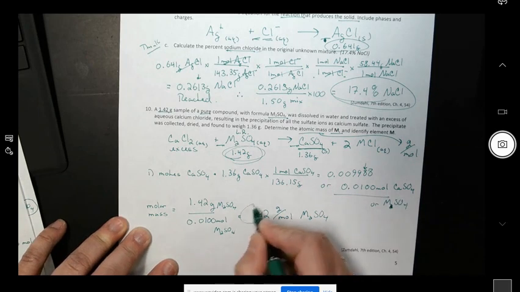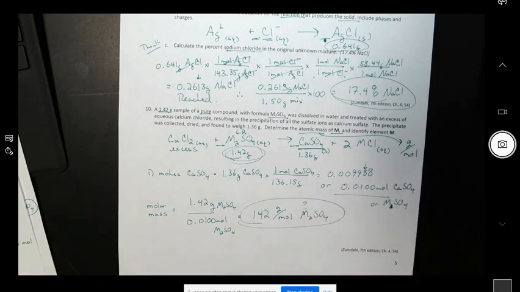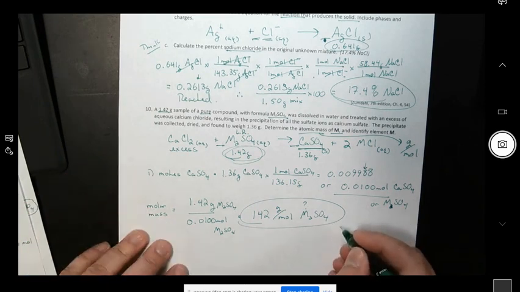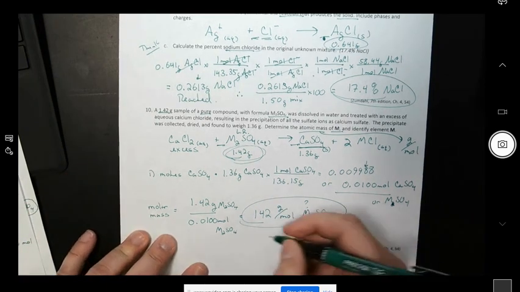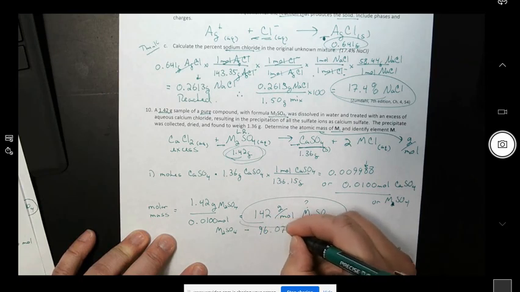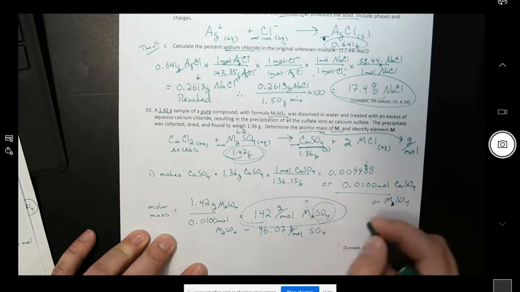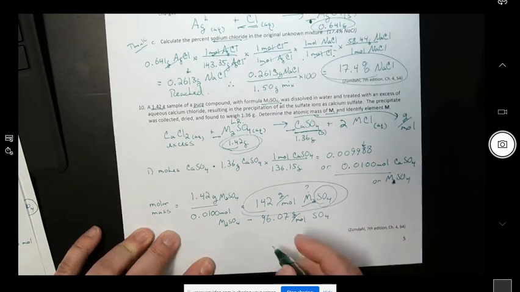Now, the other thing that we have to do is we have to figure out what that mystery metal is. Well, sulfate has a molar mass of 96.07 grams. I'm just going to subtract it. 96.07 grams per mole for SO4. So if I get rid of the SO4, I should just have the molar mass of my M2.